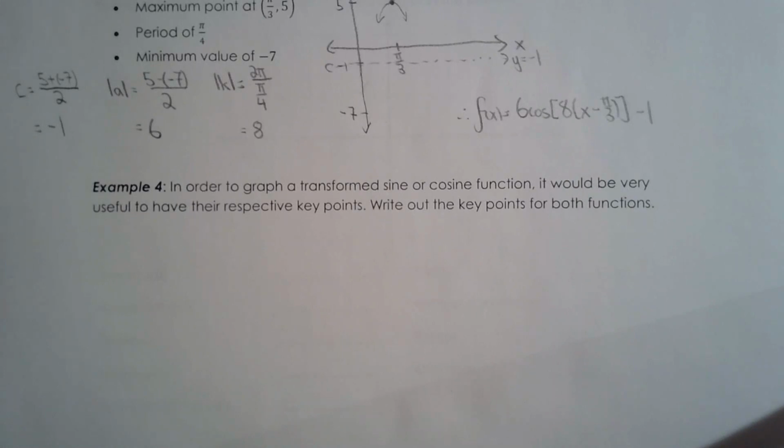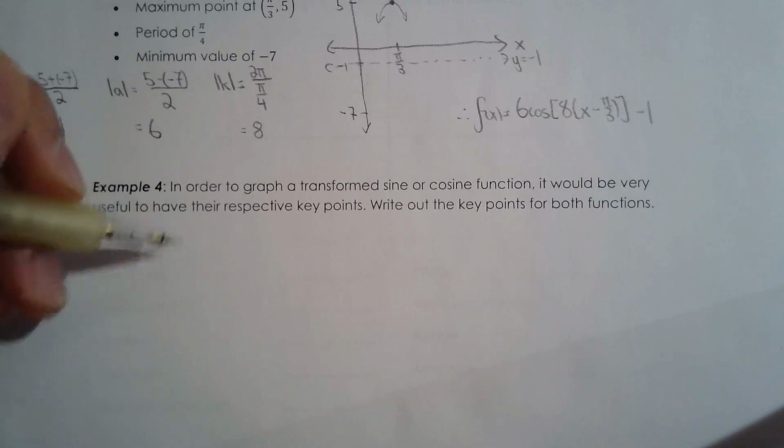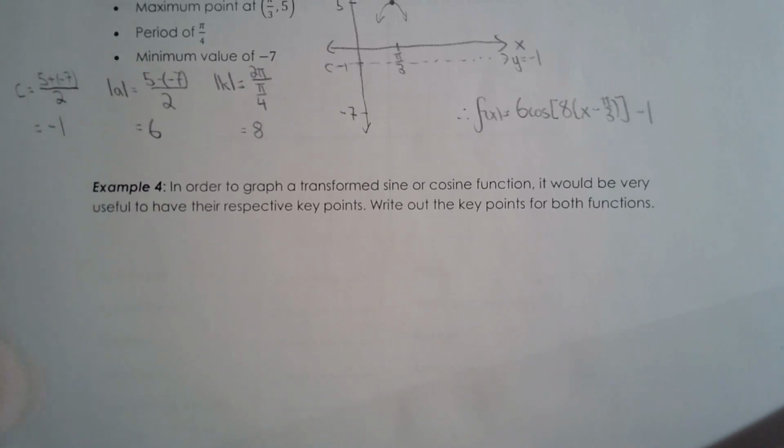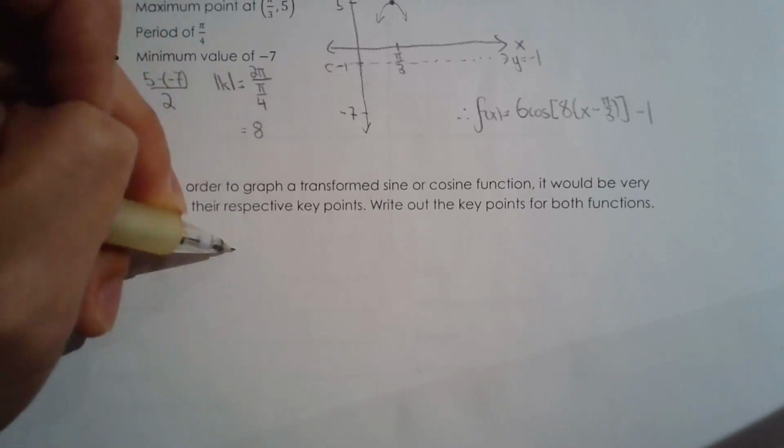So that will definitely be a good idea, because we're going to transform the sine and cosine function. We're not going to use that 1 over k method. I'm just going to use the symmetry of the wave to graph the function, but nonetheless you should know the key points for the sine and cosine function.